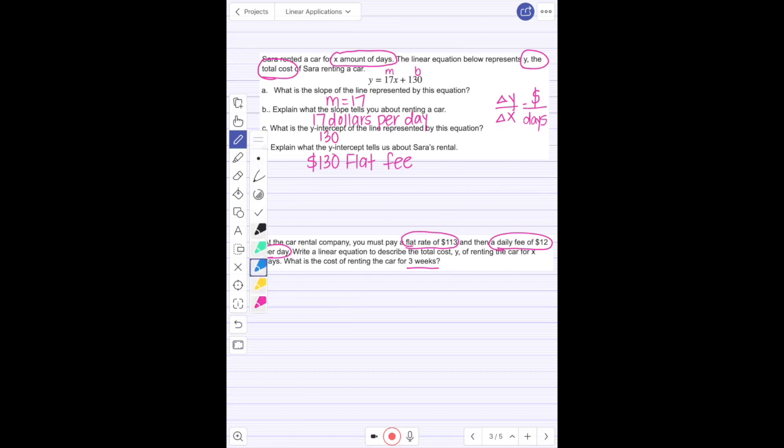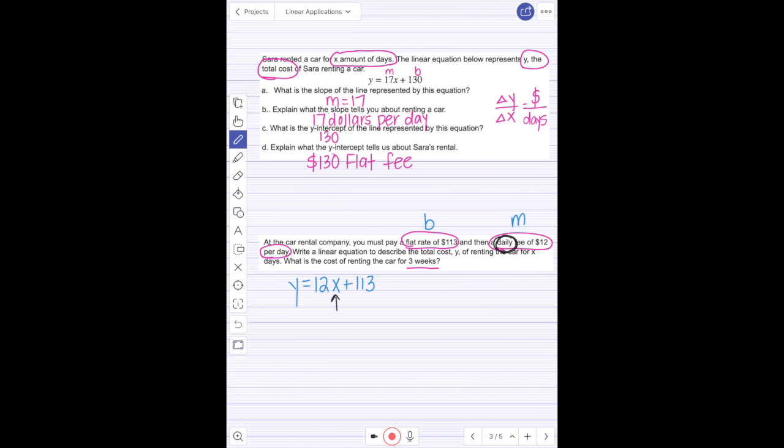So my equation here, I have the flat rate is my one-time fee. That's my y-intercept. My daily fee of $12 per day is my slope. So my equation is y equals 12x plus 113. Now, let me remind you that this problem said a daily fee.